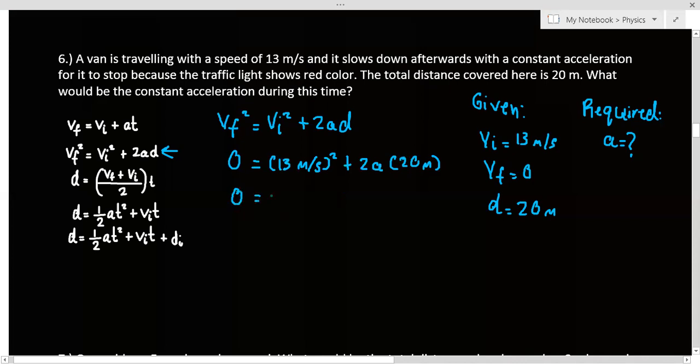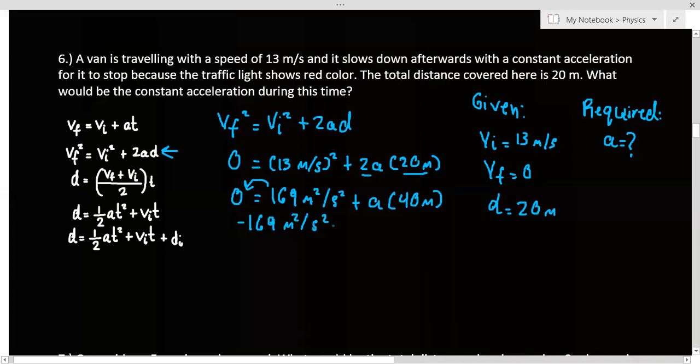So, square natin si 13 meters per second, you will have 169 meters squared per second squared. Okay? Plus, itong si 2 at saka si 20 meters, pwede ko naman siyang i-multiply. So, we have a times 2 times 20 is 40 meters. Then let's transpose negative 169 meters squared per second squared.